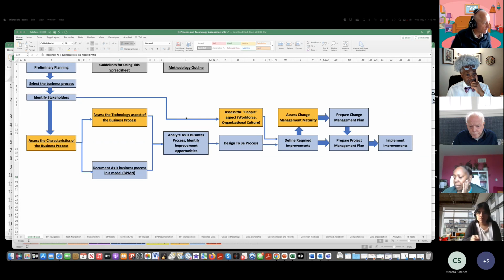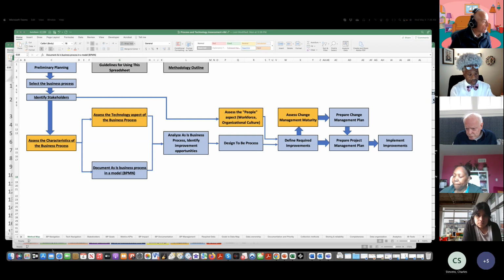But as we document the process, analyze, design the to-be process, and build the required improvements, that's where we feel the asset change management assessment of change management activity would come into play.